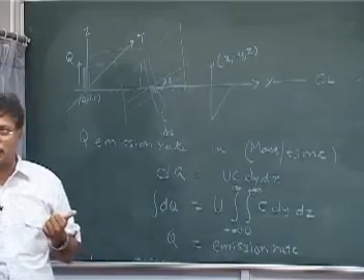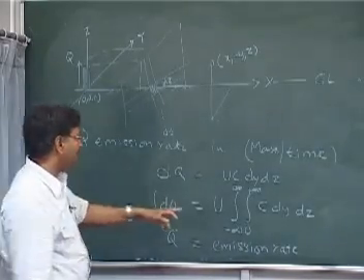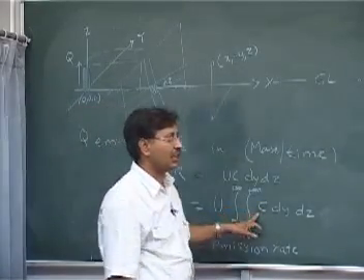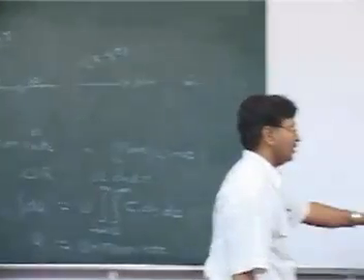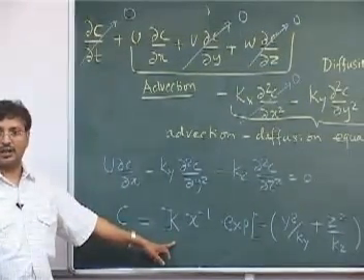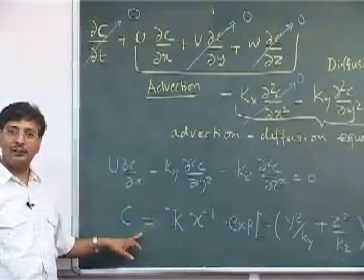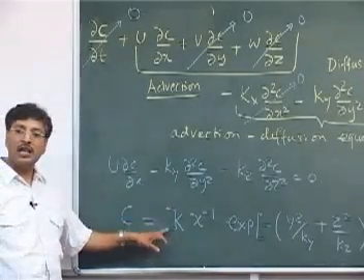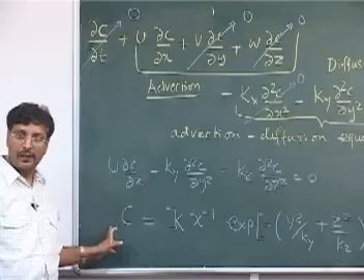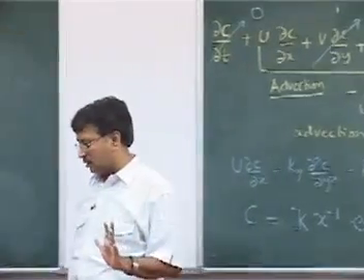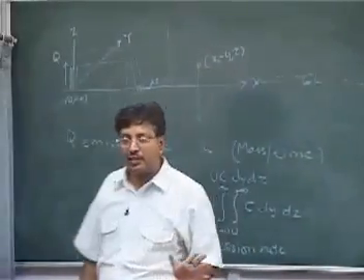So Q is known to me, and if I put in place of this C this expression, this is my C. Integrate this one. Find the value of K in terms of Q. Does everyone see what I am doing?